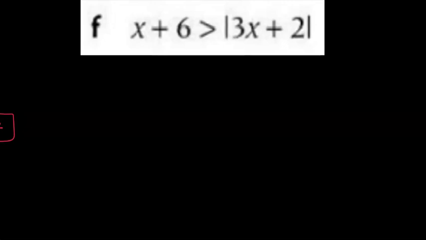F. Okay, so I'm going to square both sides. And you don't have to. Once again, you could say, since I'm going to rewrite this, I always like to have the absolute value function less than x plus 6.